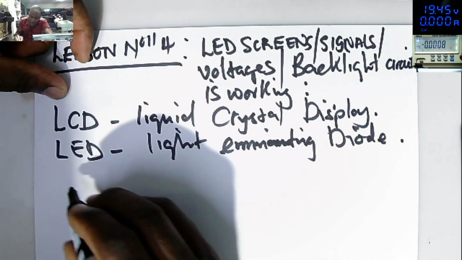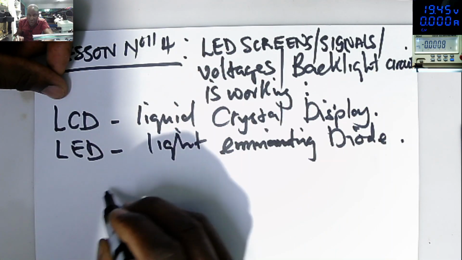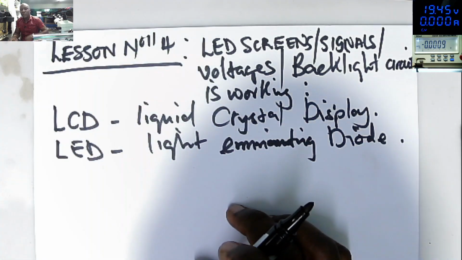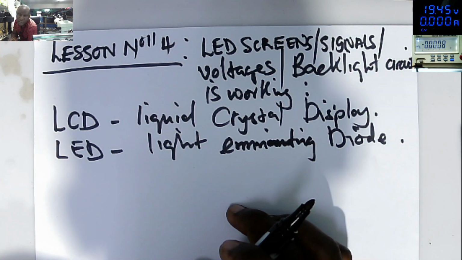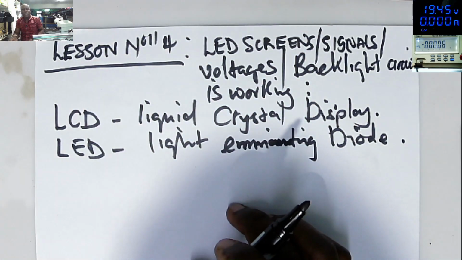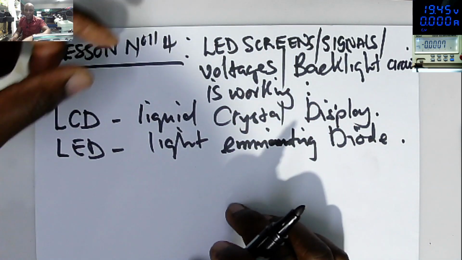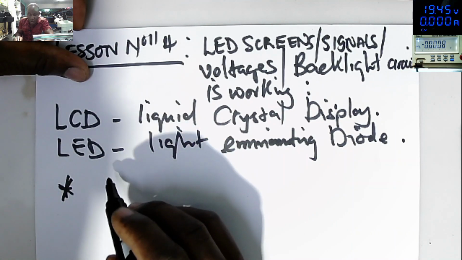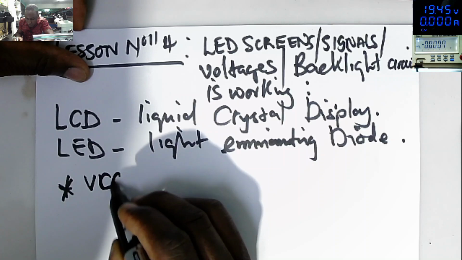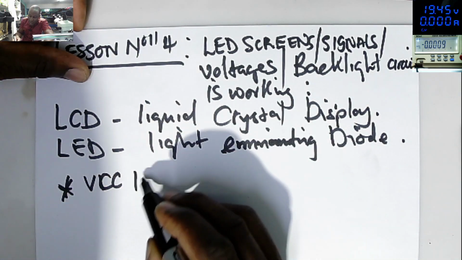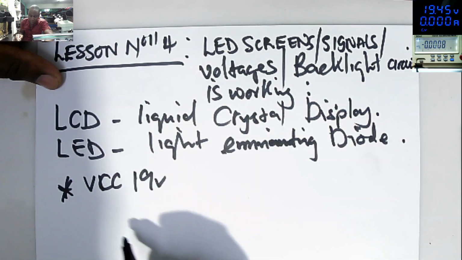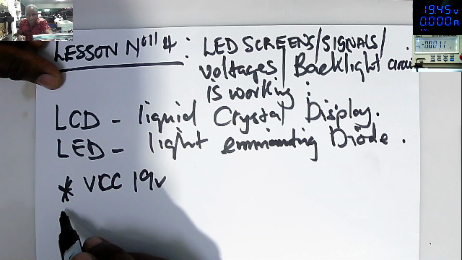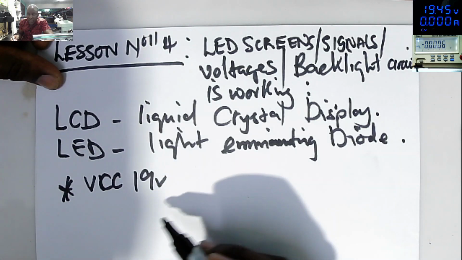So from the VCC, the main 19 volts power rail, we explained this when we drew the main input circuit, the 19 volts parallel. So that's our VCC, which is 19 volts here. From this point, our voltage is going everywhere.